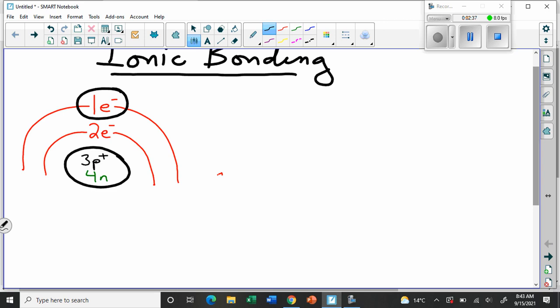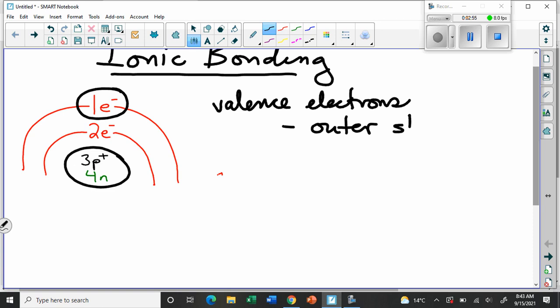So when we're talking about bonding, we're always looking at the electrons in the outermost shell. We call those the valence electrons. That's the word we use, valence electrons. So you'll want to write that down and put the electrons in the outer shell or orbital.